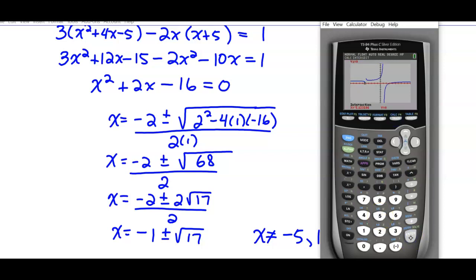Okay, so there's your X value, Y value 0. So you know that's an X intercept. Quit out of that. Now when you enter X, it'll give you that value. And that would be -1 minus √17. Okay, and you can tell it's the same. So that's how you can check.